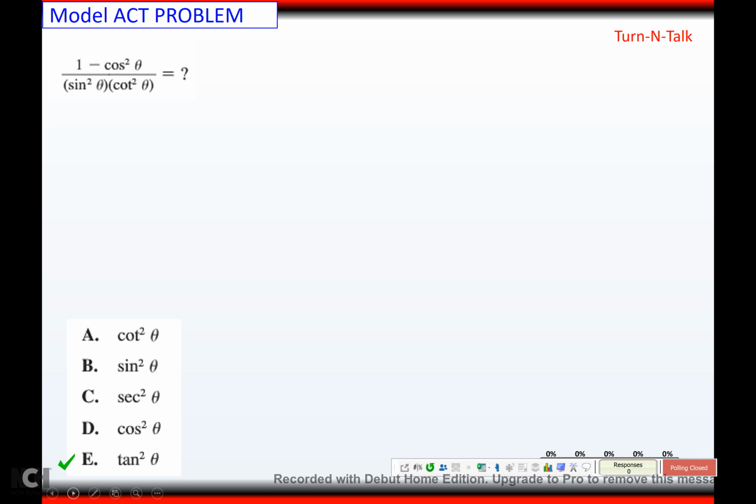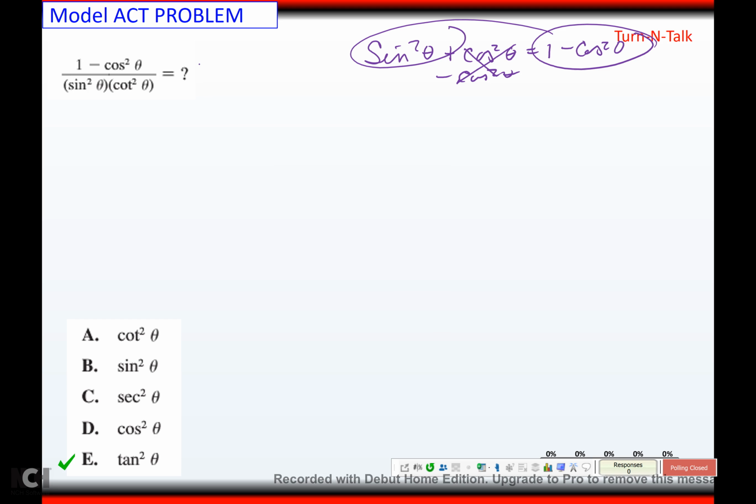And hopefully you got tan squared. Okay, 1 minus cosine squared. Remember our most famous Pythagorean theorem, sine squared theta plus cosine squared theta equals 1. So if I subtract cosine squared theta, I get 1 minus cosine squared theta equals sine squared theta.